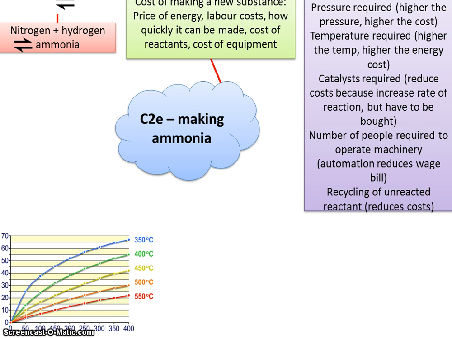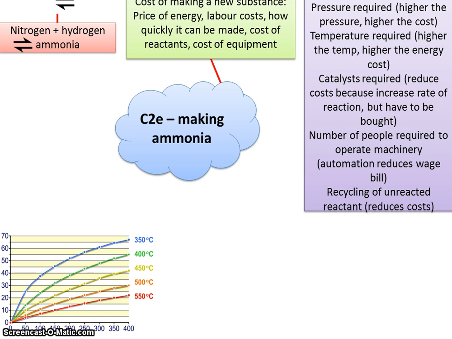And this is because that is the temperature that produces the most yield in the quickest time, and also is the most cost efficient. The last thing you need is an iron catalyst, and if you remember, catalysts increase the rate of a reaction, but again that's something that has to be bought and has to be factored in to the process. Thinking about the number of people required to operate the machinery and the recycling of the unreacted reactants.